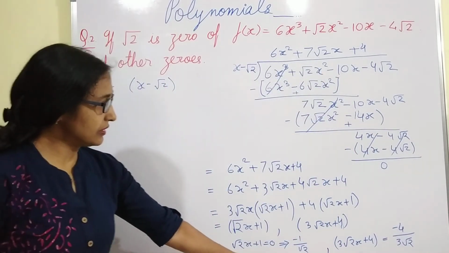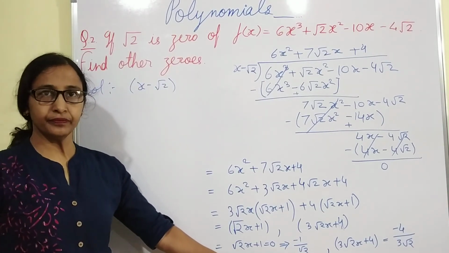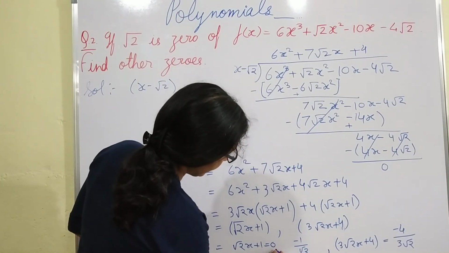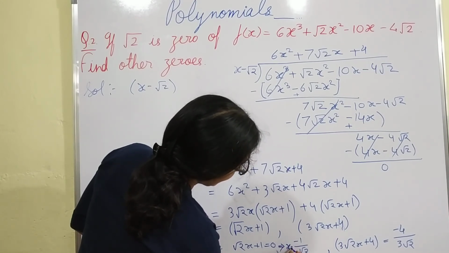So these are the two zeros. Actually you have to write here x equals.